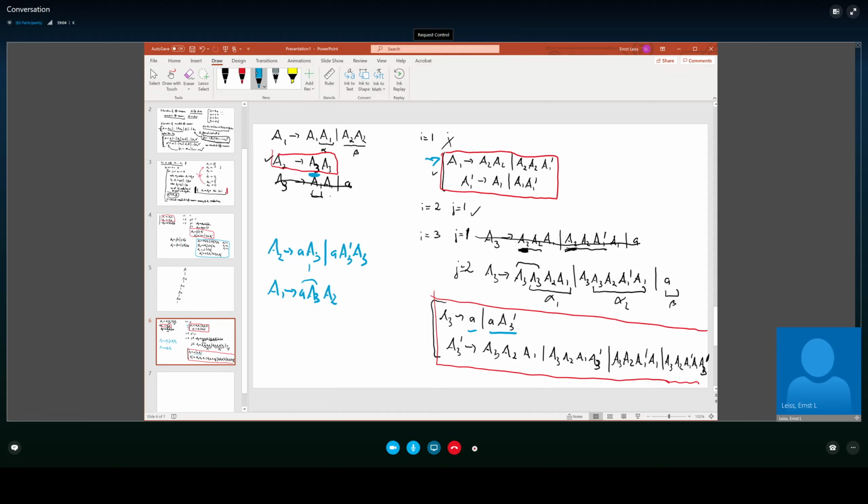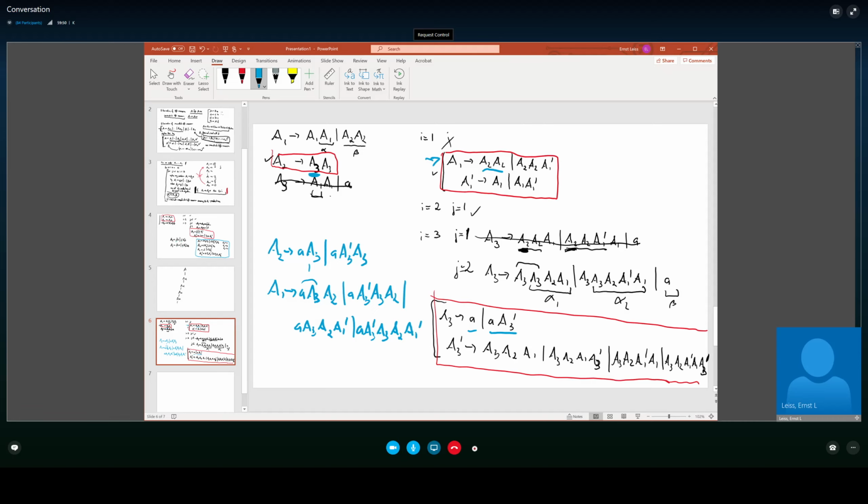So this is little a, A3 prime, A3, A2. So these two productions come from the first A1 production, and then we have the second A1 productions, which is A3, A2, A1 prime, as well as plugging this in A3 prime, A3, A2, A1 prime.